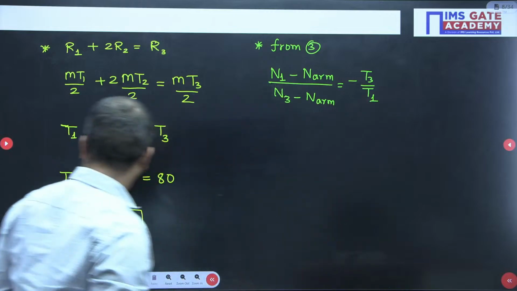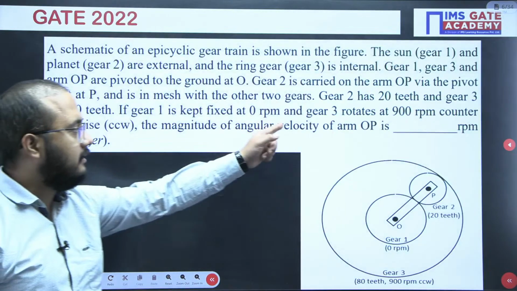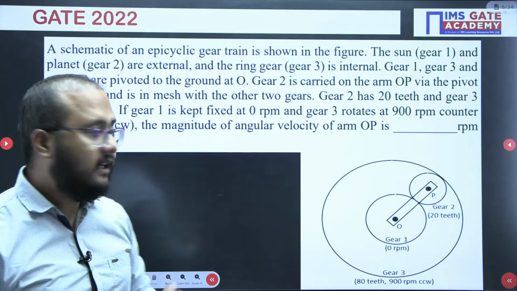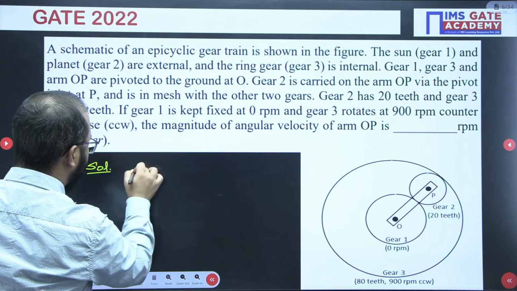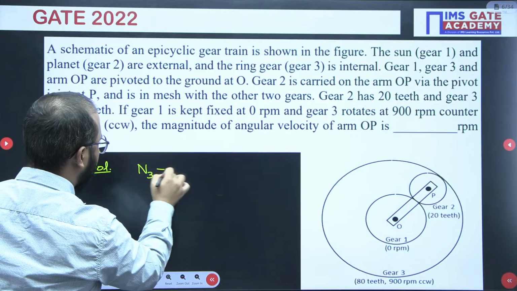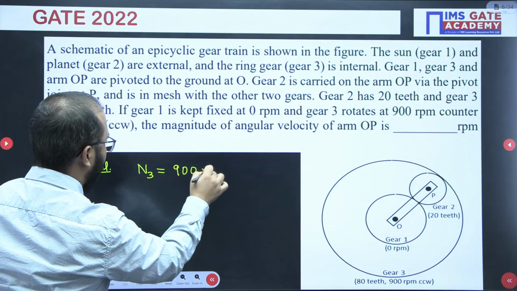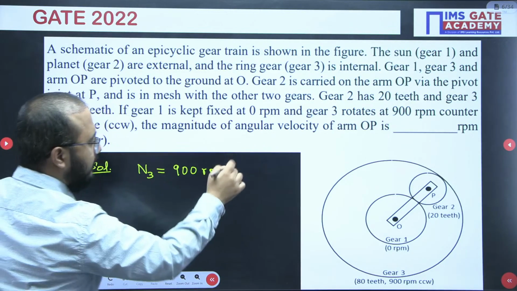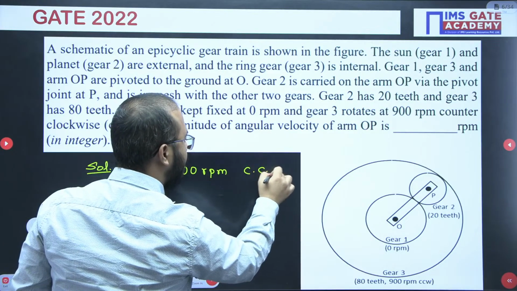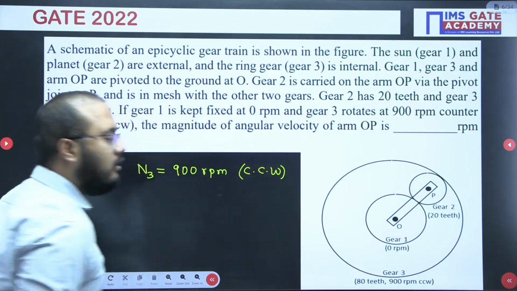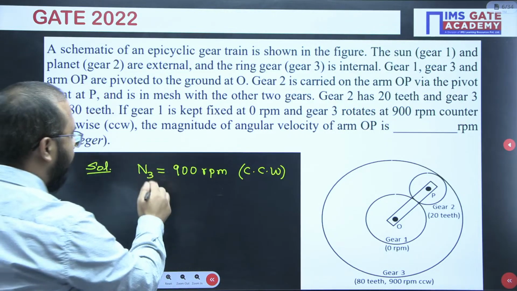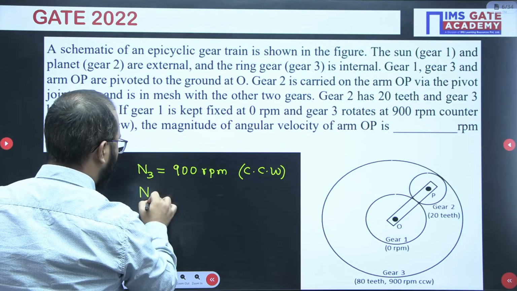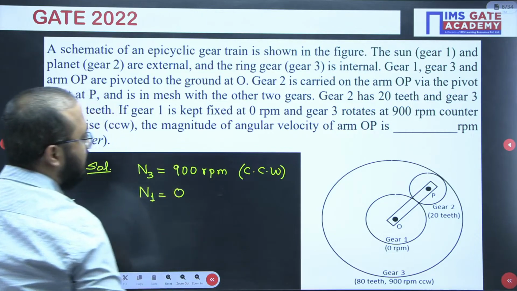So this was the relation. Now if I consider the given data, for gear 3, 900 RPM they have mentioned. N3 is mentioned as 900 RPM, and they have mentioned counterclockwise. So it's your choice whether you want to consider counterclockwise as positive or negative. Totally your choice. Gear 1 is fixed, so its speed of rotation will be 0.